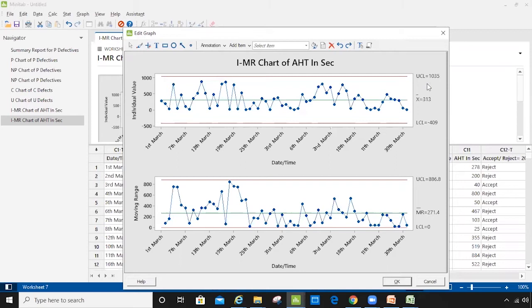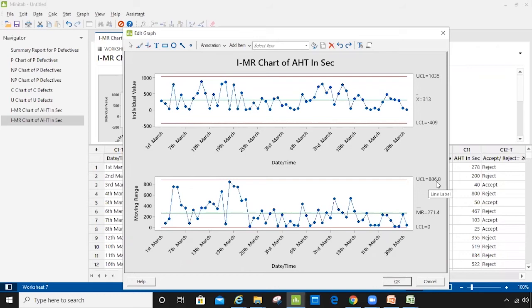So the data points are within the control limits. If you look at the moving range, which is the difference between the first and the second, it also concluded that there isn't a special cause. If a value is more than the upper control limit of 886, then in that particular case you would find a special cause.